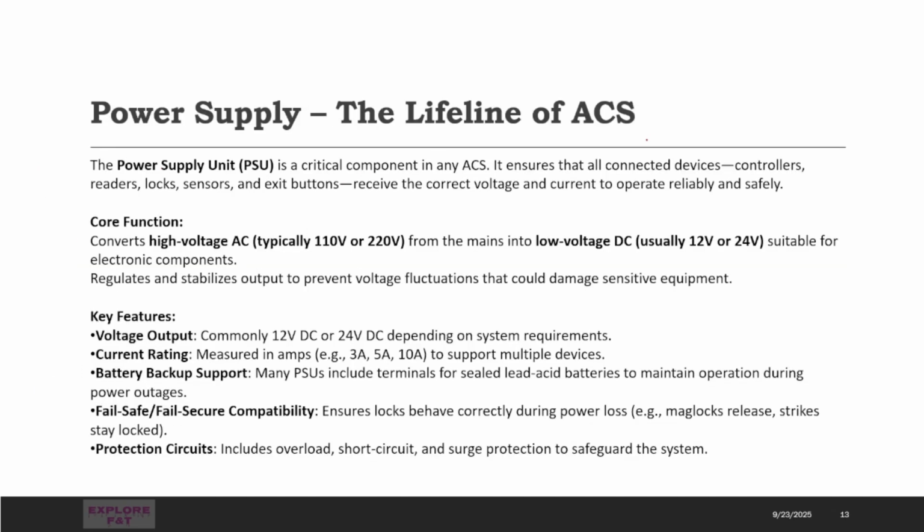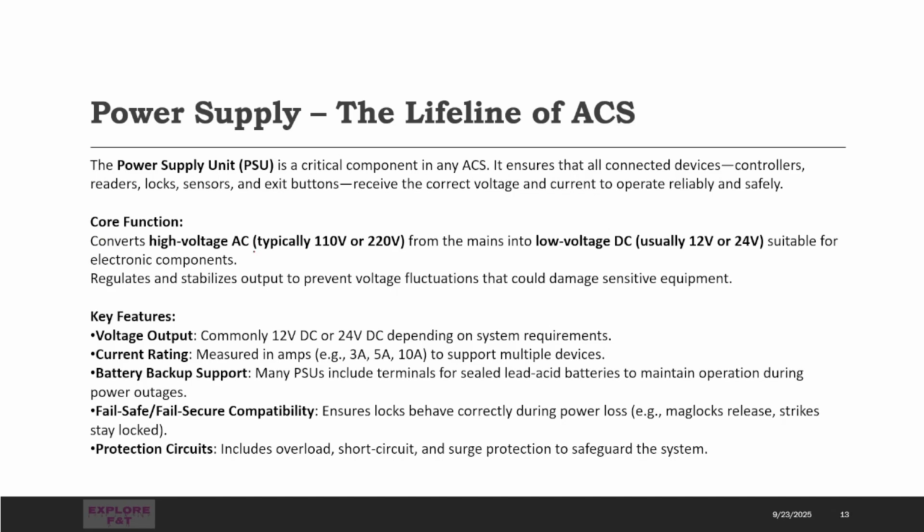Power supply, the lifeline of the ACS. The power supply is a critical component in any access control system. It ensures that all connected devices, controllers, readers, locks, sensors, and exit buttons receive the correct voltage and current to operate reliably and safely. What is the core function?